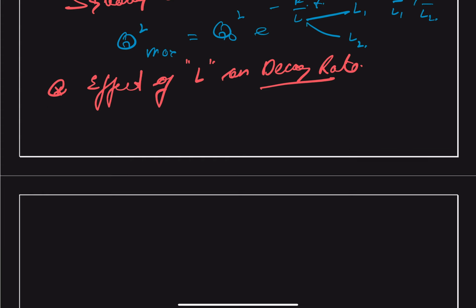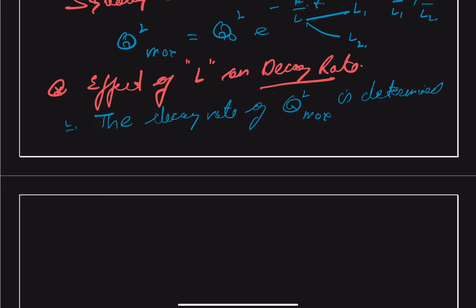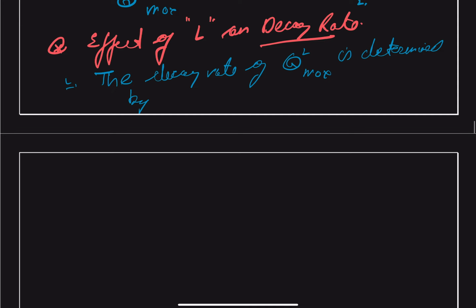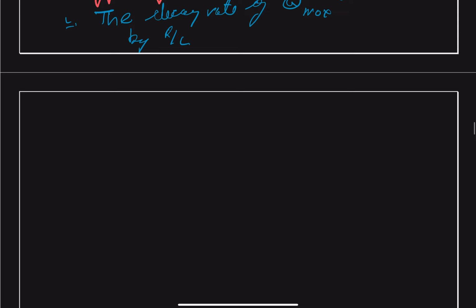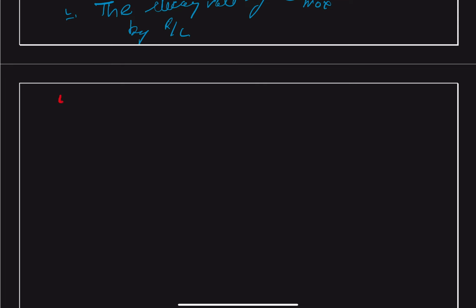So the decay rate of the square of charge is determined by R upon L, and we are given that our L1 is greater than L2.